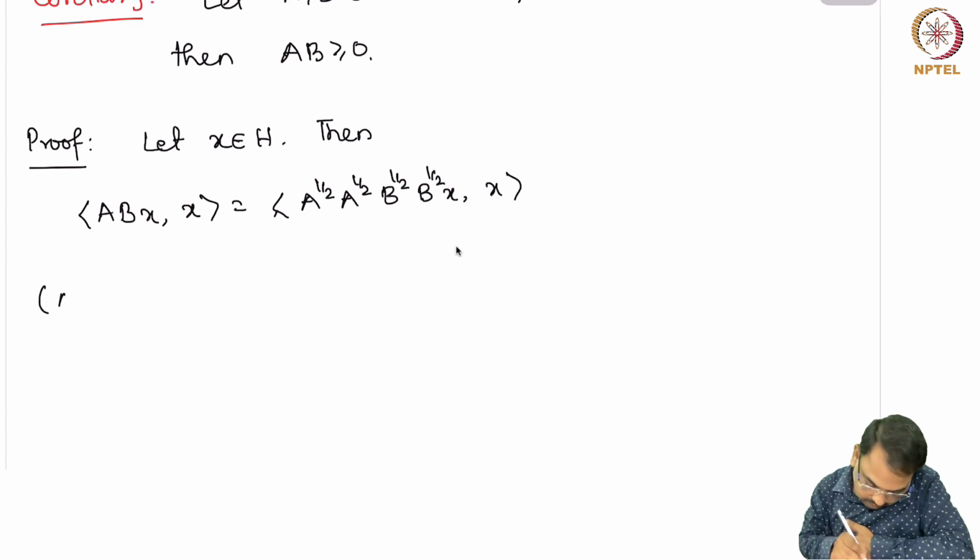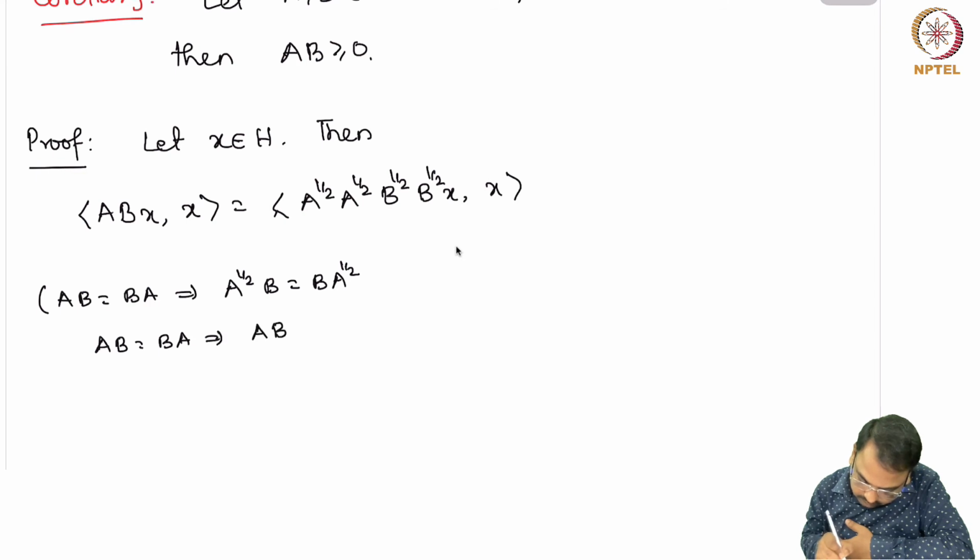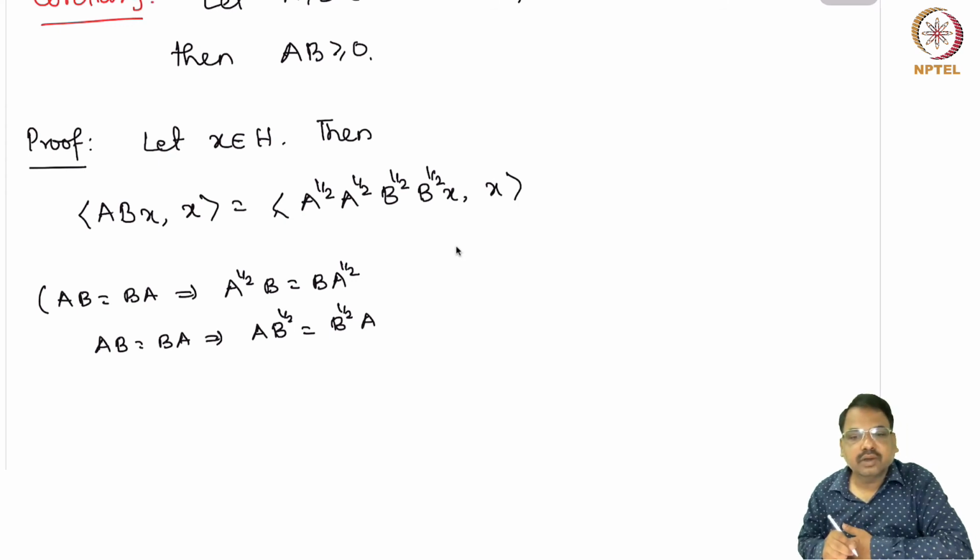So AB equal to BA implies A to the power of half commutes with B. This also implies A to the power of half commutes with B to the power of half, that is A^(1/2) B^(1/2) equal to B^(1/2) A^(1/2). Now whenever an operator commutes with B, B commutes with A to the power of half implies its square root also commutes with it.